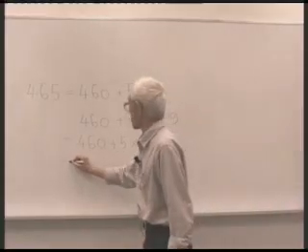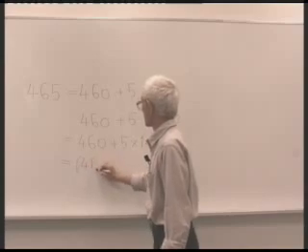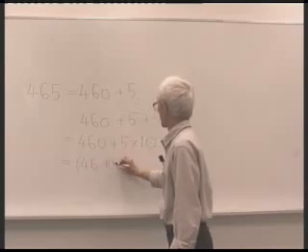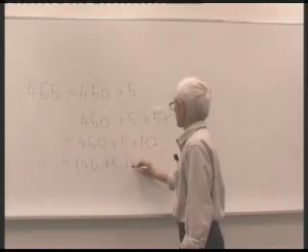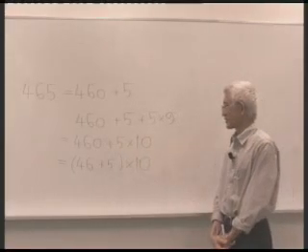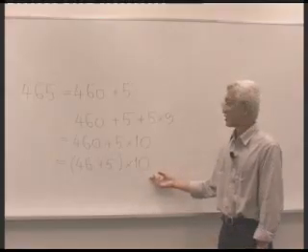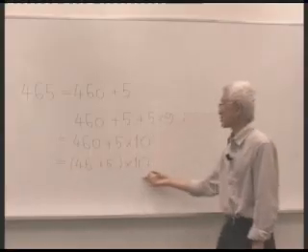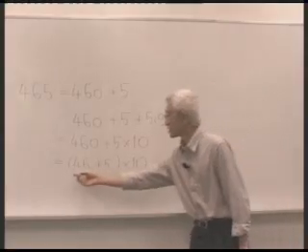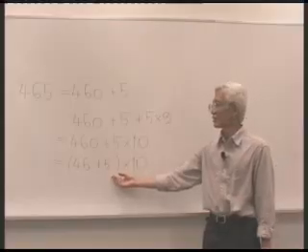So now I can write 46 times 10 here. The 9 part is divisible by 3. So if this number is divisible by 3, the number in the bracket must be divisible by 3.